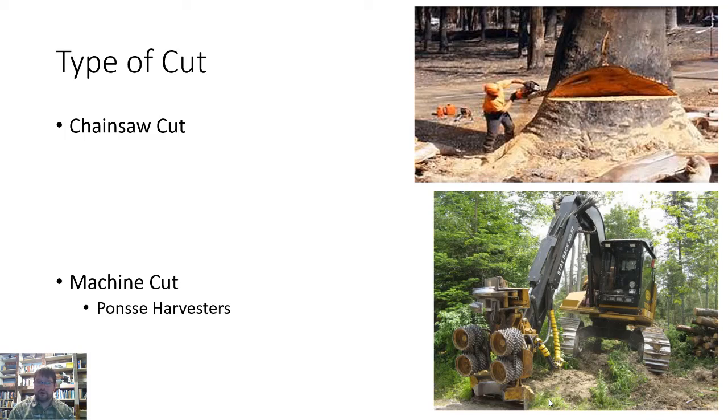Okay, the other piece of equipment shown here is a Ponsse cutter. Now there are lots of different types, lots of different brands, different configurations. But Ponsse cutters are kind of a novel piece of equipment that has really changed forest management and changed the harvesting of trees.